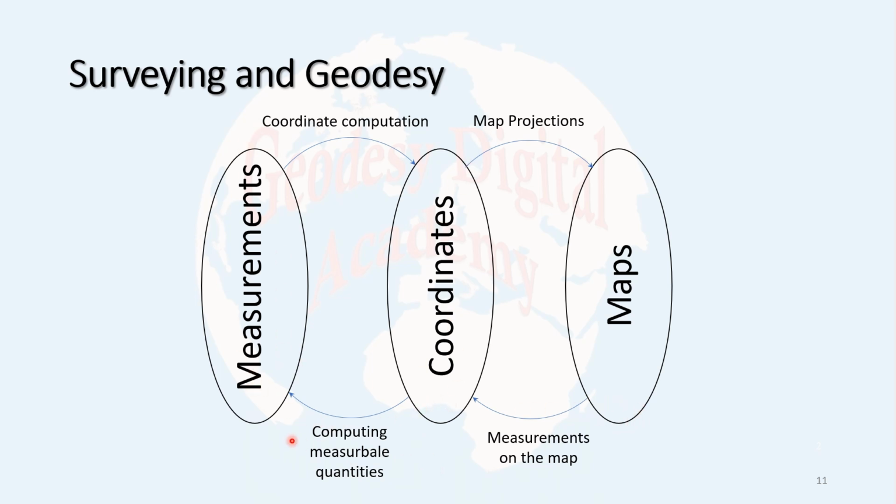So this is called setting out, or the inverse problem, and the direct problem is from the measurement to the coordinates to the maps, which is the first problem. So as you see, in surveying, the geometry between these three domains is the same. It means that we have planar geometry.